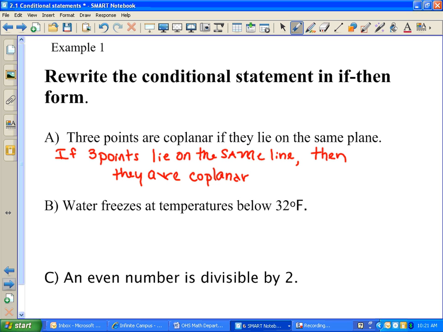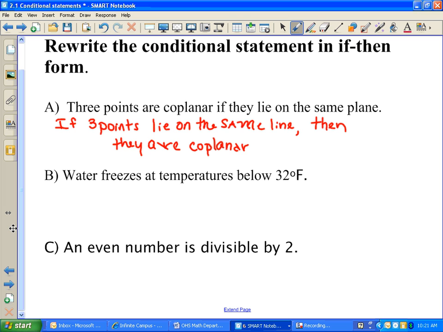So part B, water freezes at a temperature below 32 degrees Fahrenheit. How do I write that in an if-then statement? Meaning the same thing. It has to mean the exact same thing, but written in an if-then statement. Okay, Jennifer? If water freezes, then the temperature is below 32 degrees Fahrenheit. Very good.